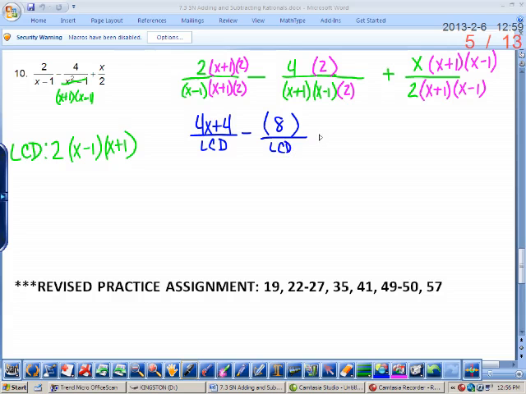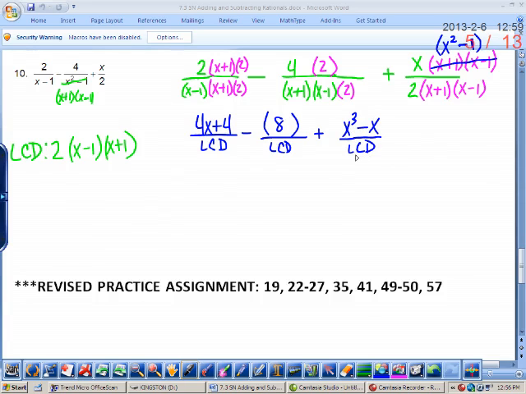Over my LCD plus, okay, we know what x plus 1 times x minus 1 is. What is that? X squared minus 1. And then can you distribute your x to your x squared minus 1? What's that? X cubed minus x over your LCD.